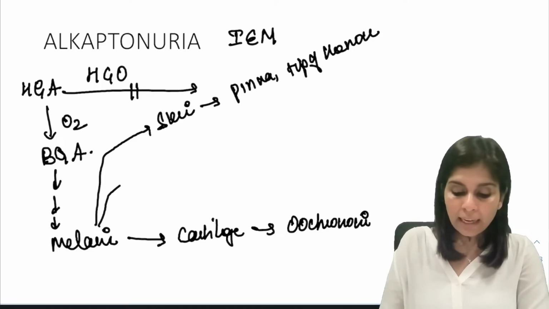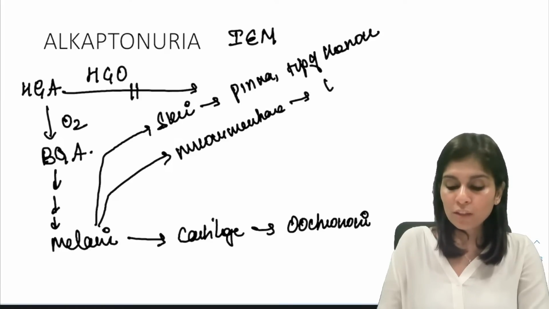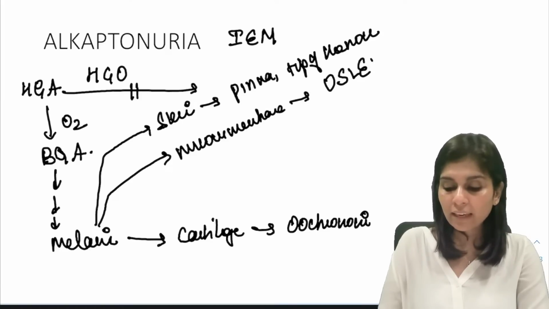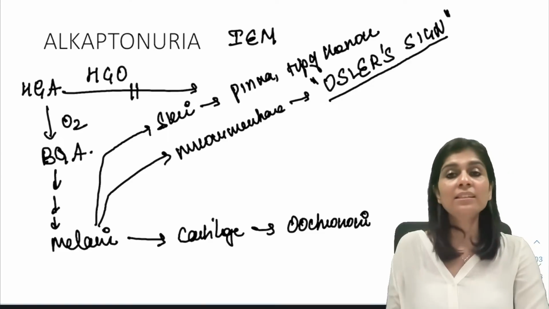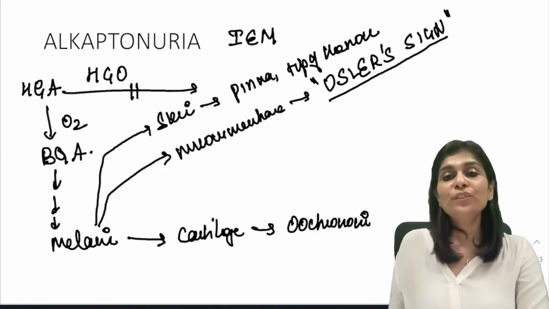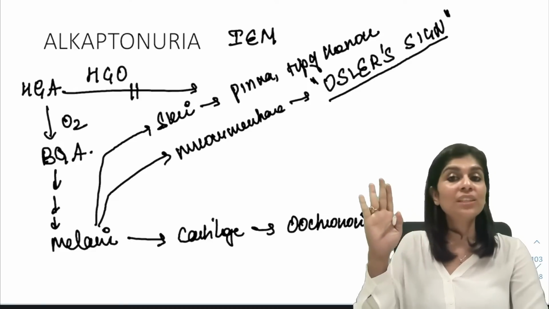The same melanin-like fibril also accumulates in mucous membrane, and that is responsible for Osler sign. All of you please remember, the first sign of alkaptonuria is Osler sign. What is Osler sign? Black pigmentation of sclera along the line of attachment of both medial and lateral rectus.